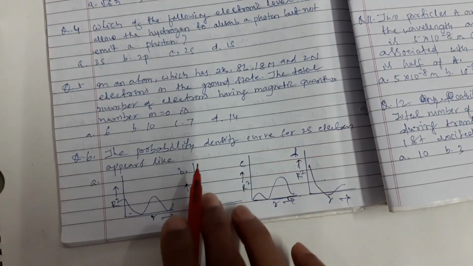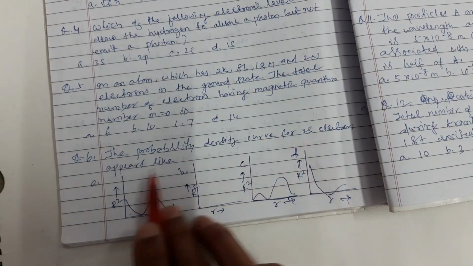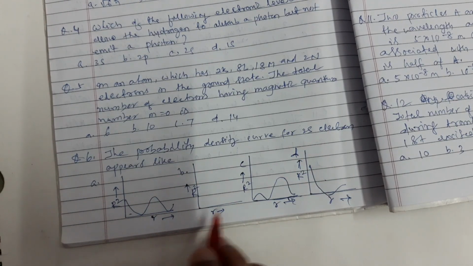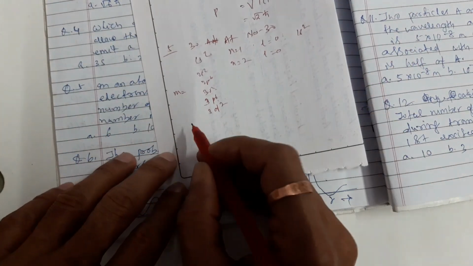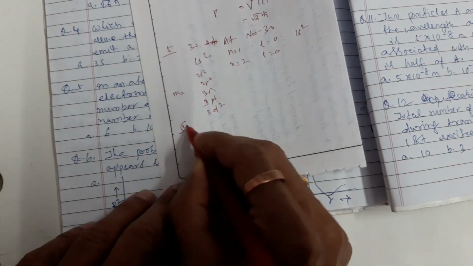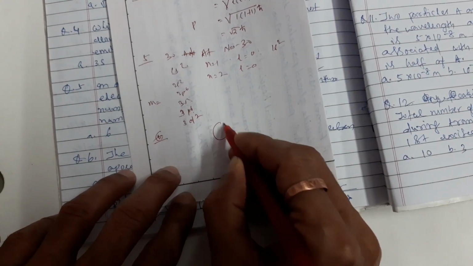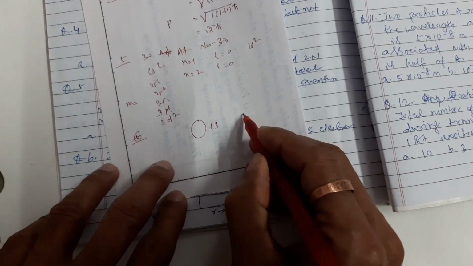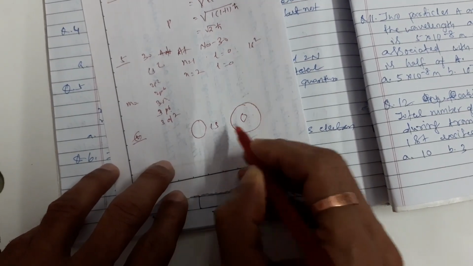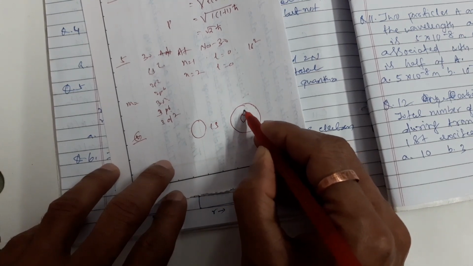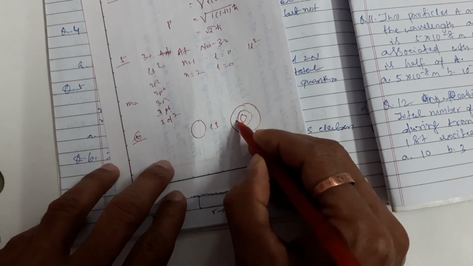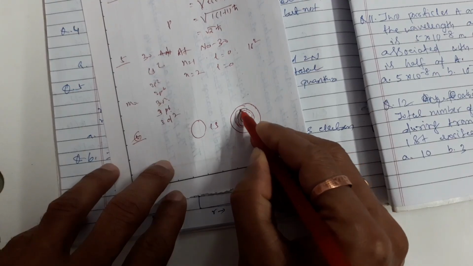Next, the probability density curve for a 2s electron appears like which one? Question number 6. This is 1s, and this is 2s. If it is 2s, then there should be a nodal point here, a nodal space.